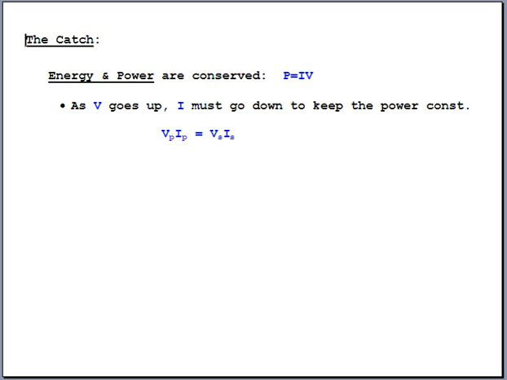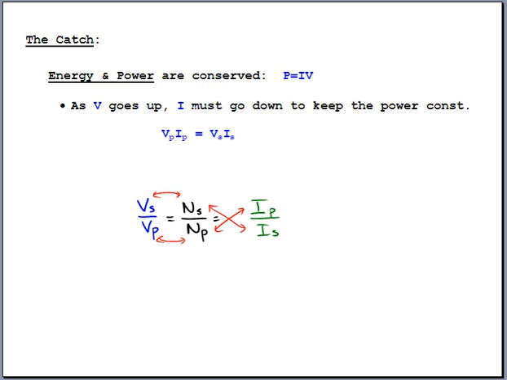Now if I rearrange this equation so that Vs sits on top of Vp, mimicking the transformer equation we've got so far, I can get to here. All I've done is take the idea of power being conserved, that equation that says V times I equals V times I, and rearranged it to create the blue and the green fractions here.